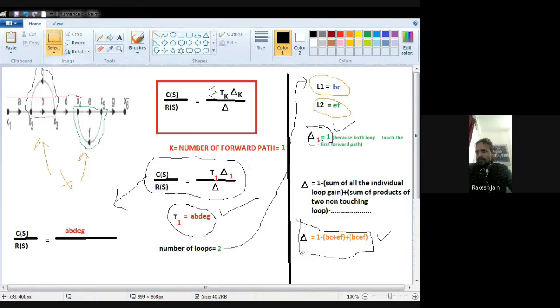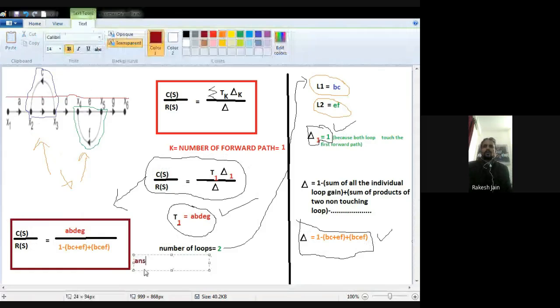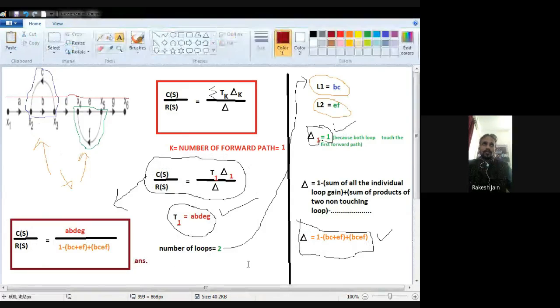So what is del? Del we just calculated. Del is this one. I just remove this. So this one is your final answer. We found the answer with the help of Mason's gain formula. So this question is completed. Now we will see one more question.